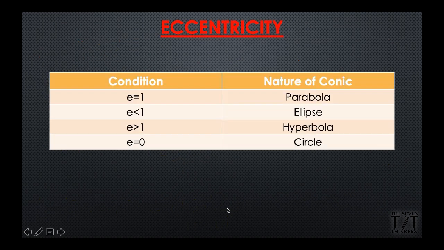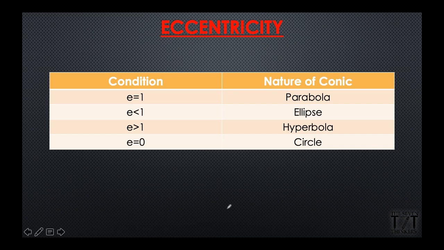Now further, we are here with the value of eccentricity for which a conic is defined. That is, we have seen that there are four types of conic: circle, ellipse, parabola and hyperbola. So according to the value of eccentricity, we get the nature of the conic. For the value of E being 1, we get a parabola.